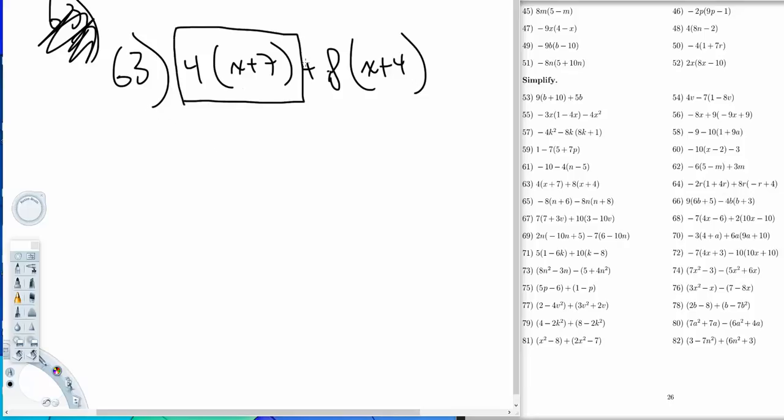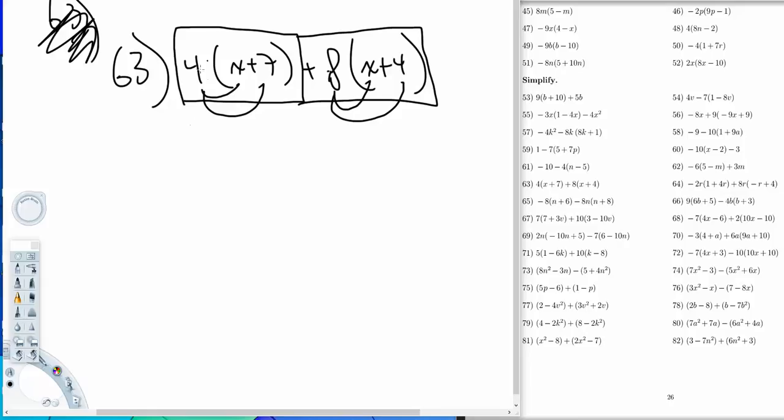Let's put this problem in 2. I'm going to go like this, and we're going to go like this, then we're going to go like this. Right? Okay, why are we doing this? Because we got to multiply the brackets by what's on the left of it.